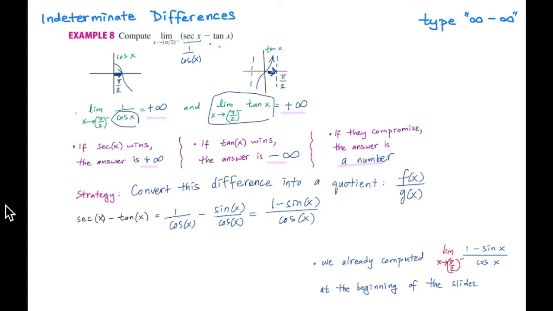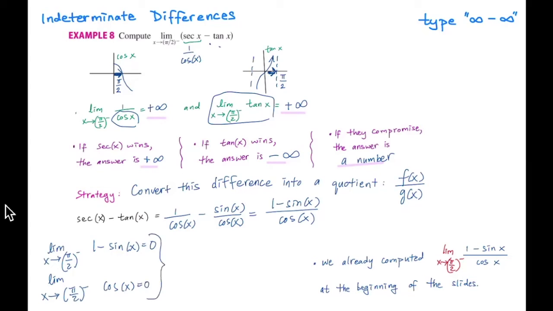And now we are in a situation where we can try to apply L'Hopital's rule. So we check the limit of the top function, and this is 0. And then the limit of the bottom function is also 0.